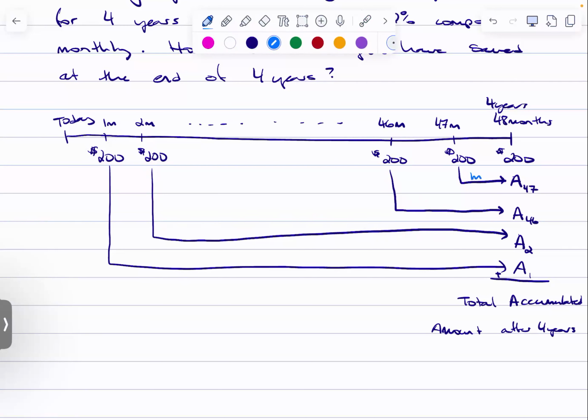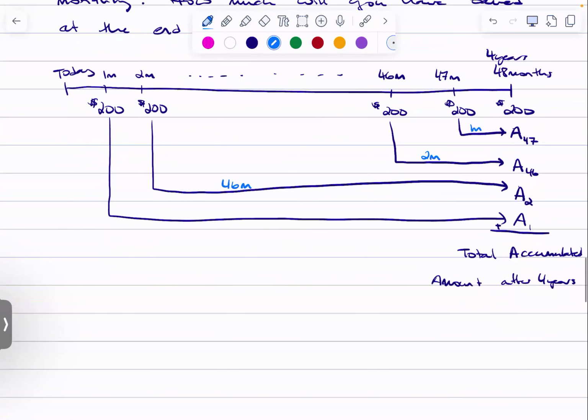It sat there for 1 month, it sat there for 2 months, sat there for 46 months, and this one sat there for 47 months. So they're all sitting there for different amounts of time. And of course, we know that if I deposit $200 and it sits there for 47 months, it's going to be worth a lot more than $200 that only sits there for 1 month. So they all started at 200, but then they all had different times to grow.